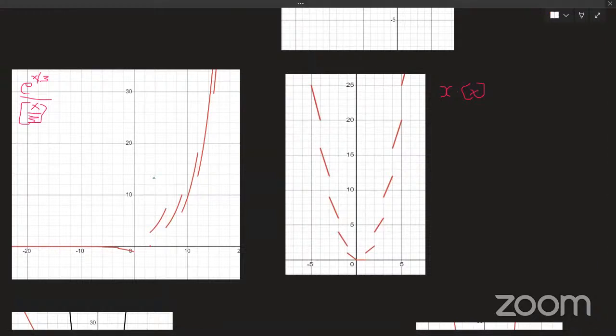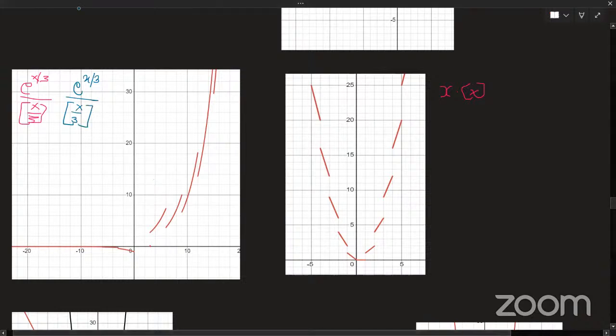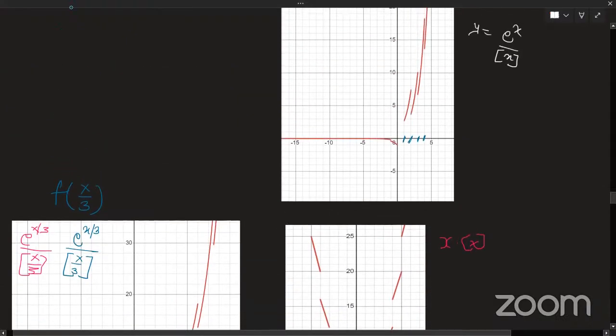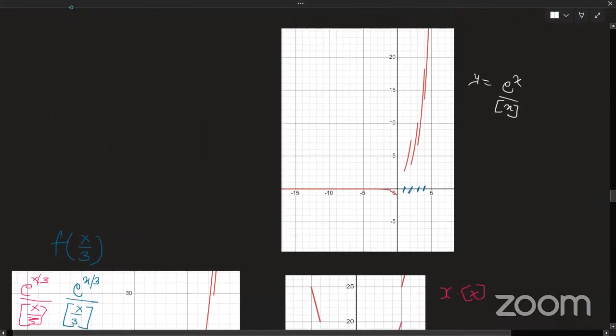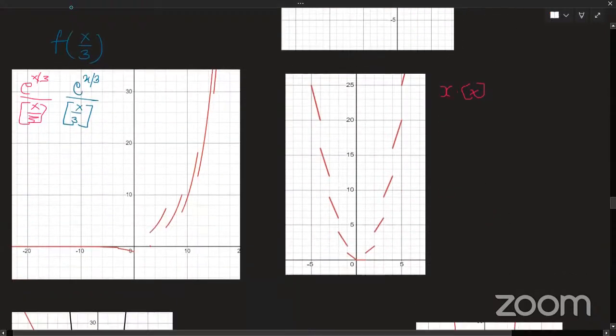So this is e raised to x by 3 divided by GIF of x by 3, right? So I have taken x by 3 in f of x by 3. Basically, what has happened is my function has now expanded three times in the x direction. So the same function I have here will get expanded three times.